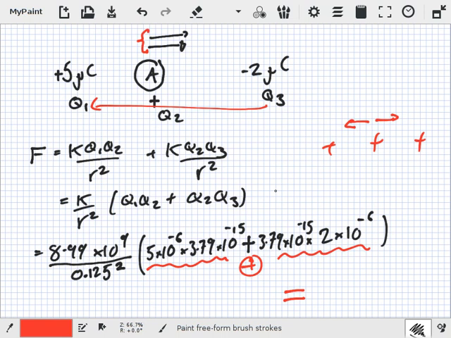What's the answer here? Okay, whatever it is. Right, top of 22.